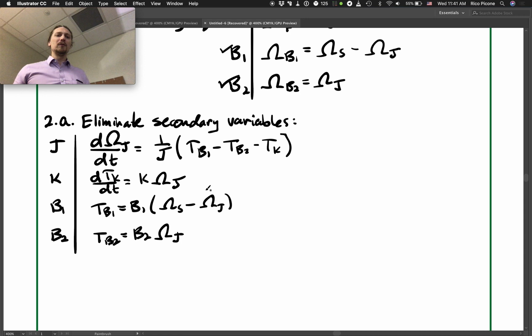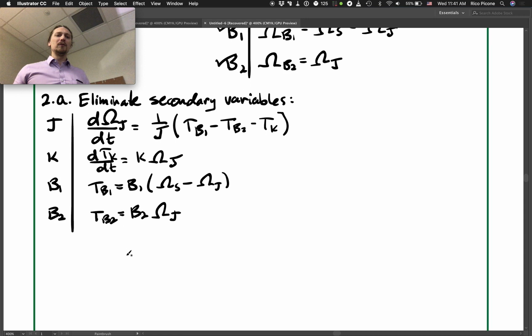The only 2 remaining are TB1 and TB2 to eliminate. So, 2b, let's eliminate TB1 and TB2.